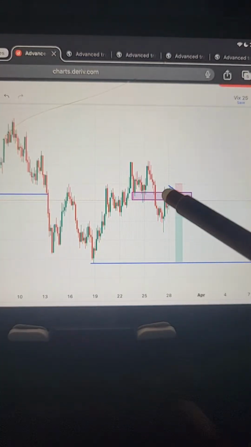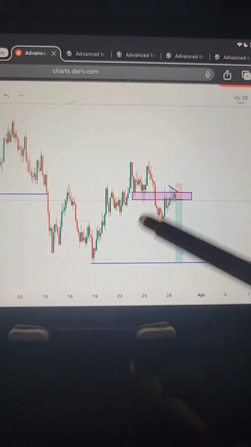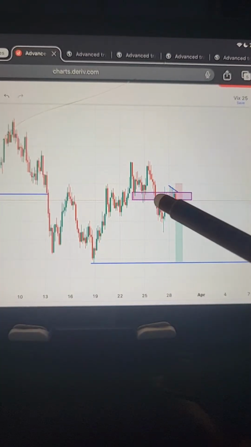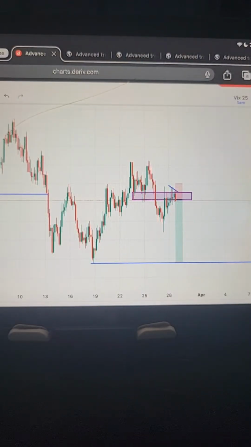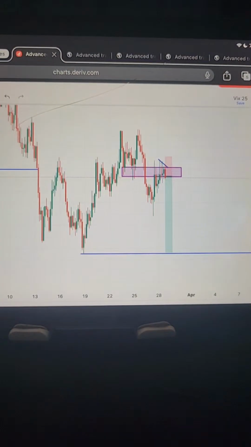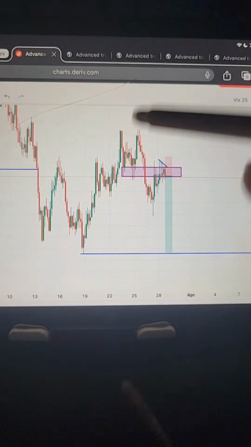And how are we going to know that the internal structure has aligned with the external structure? It's called market structure shift or change of character, however you want to call it. It's still the same thing. So when price gives you that change of character, aligning with the external structure, which is bearish, that is a confirmation that the internal structure has aligned with the external structure.